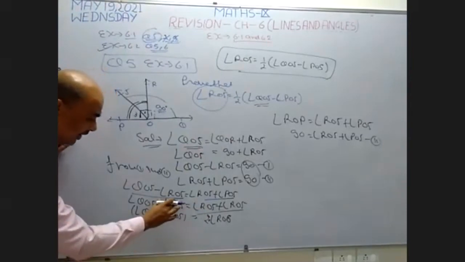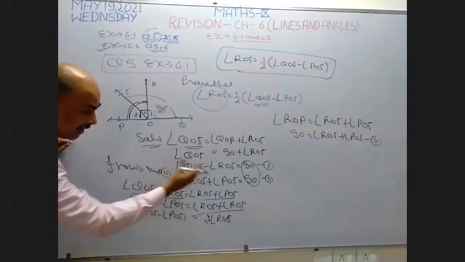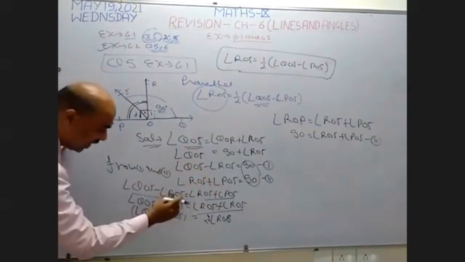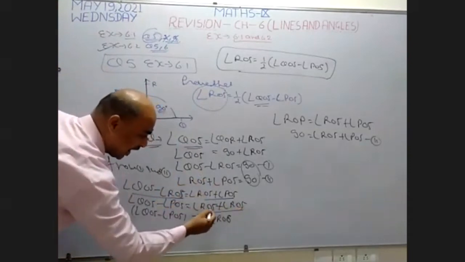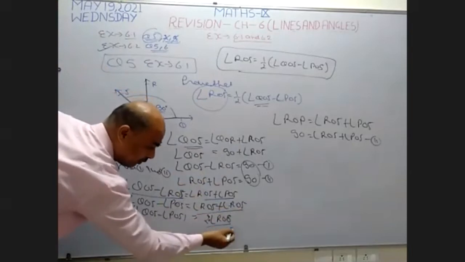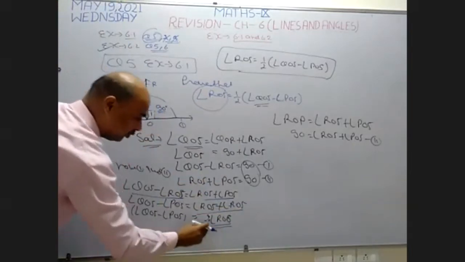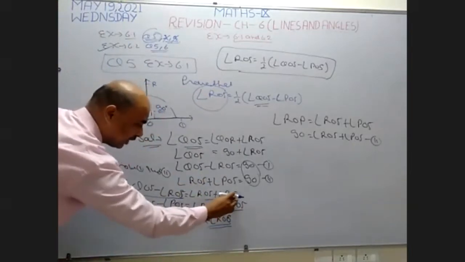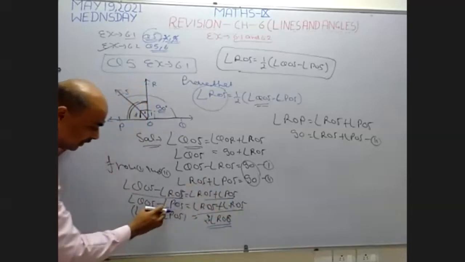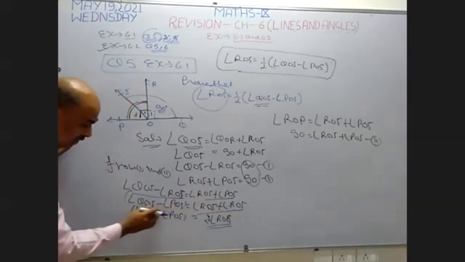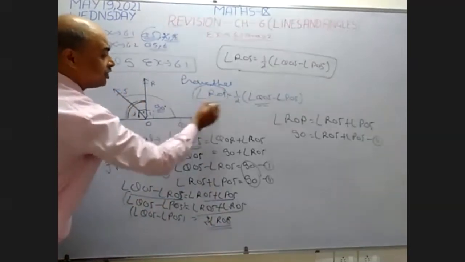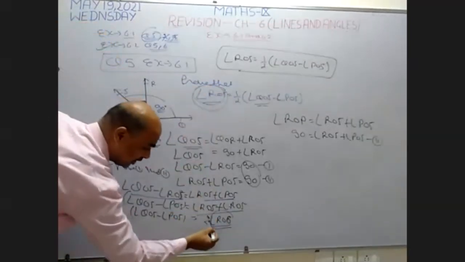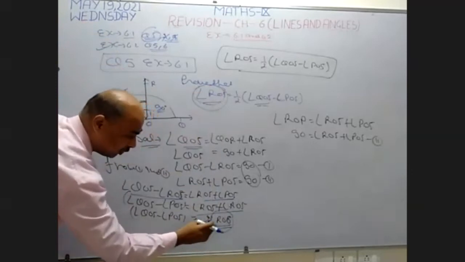For this, I take this value ROS from the left side to the right side. When I take this ROS from left to right, it becomes negative to positive. Now ROS plus ROS becomes 2 times ROS. Now I take this value POS from left to right, so it becomes positive to negative. Now this is the final answer. In this question you have to find the value of ROS only. So I take this 2 from left to right.